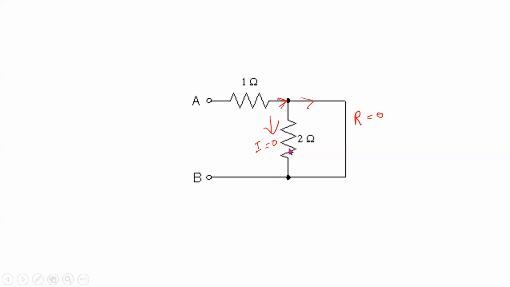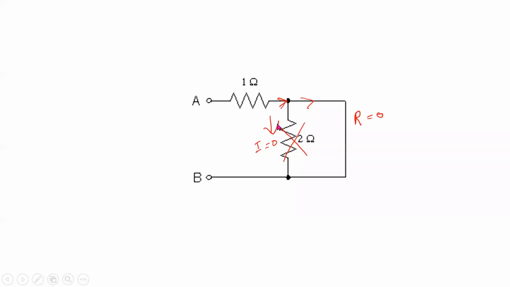So if the current in this path is 0, then the presence of this resistor can be neglected. Whether it is present in the circuit or not present in the circuit, it doesn't matter. There is no impact of the 2 ohm resistor in the circuit because the current available before the node will go after the node through this path. 0 current will flow through the 2 ohm resistor.